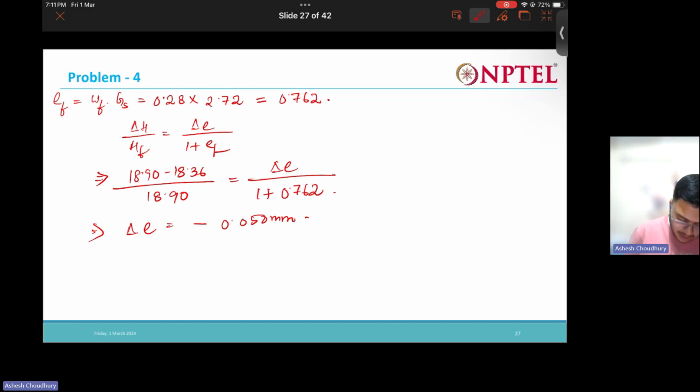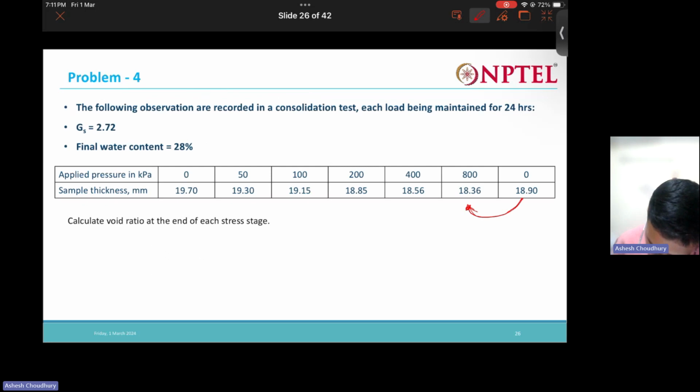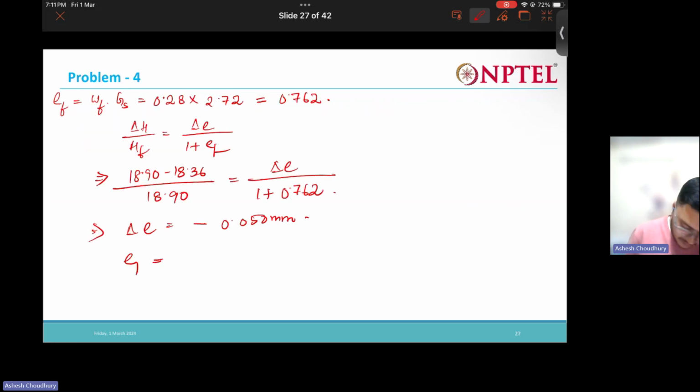Therefore, what will be E1? E1 will be EF, meaning 0.762, plus delta E in case of reduction.